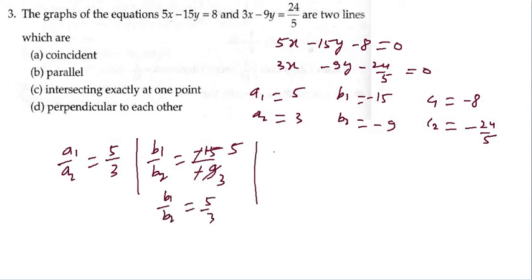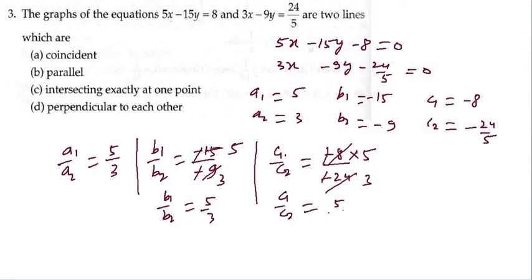Now come to c1 upon c2. c1 is minus 8 and c2 is minus 24 upon 5. So 5 ऊपर चला जाएगा, minus minus cancel out. So this will be 8 3 जा. So c1 upon c2 is equal to 5 by 3. It means a1 upon a2 is equal to b1 upon b2 is equal to c1 upon c2.